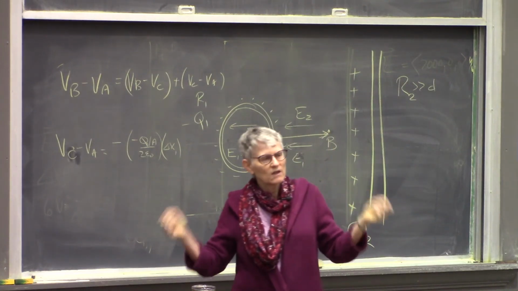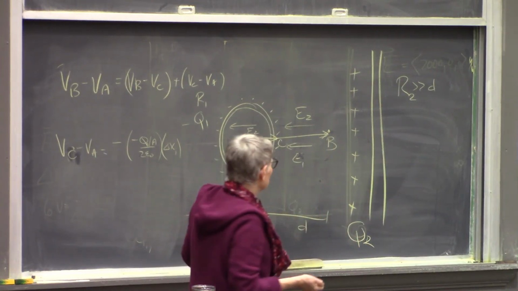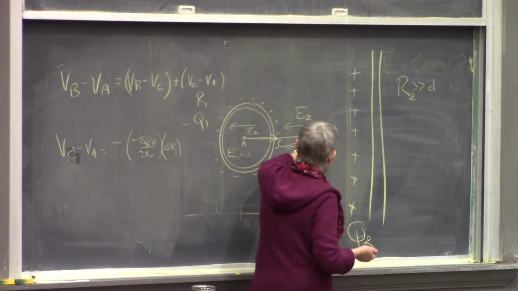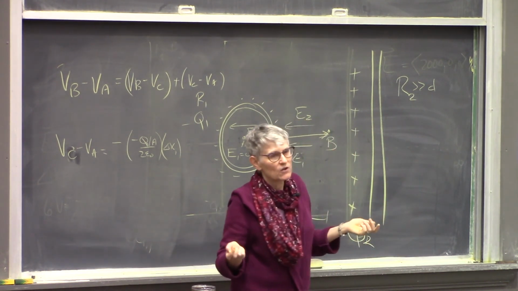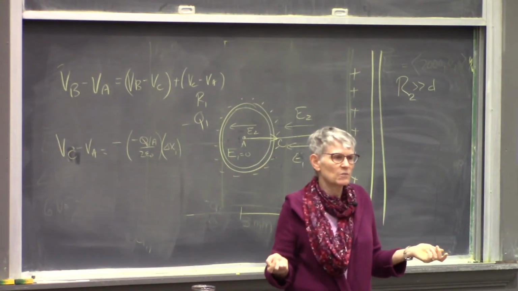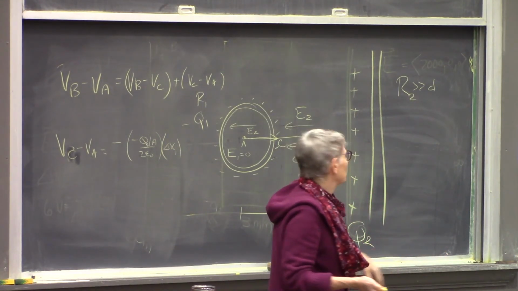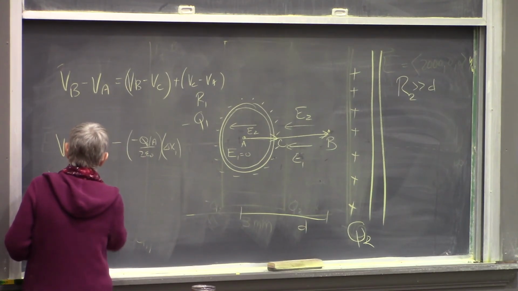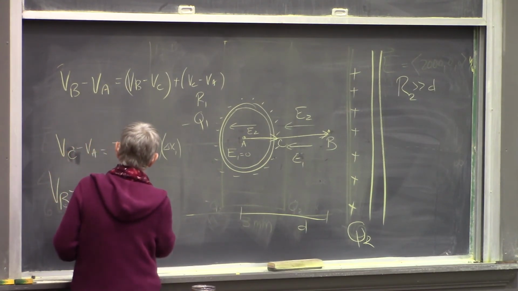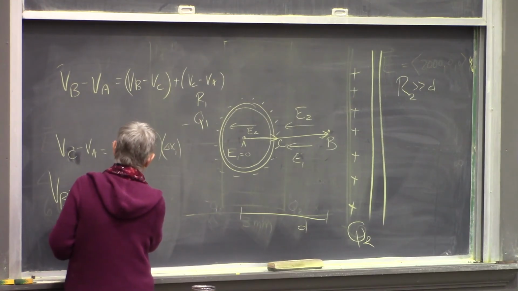So we can just calculate the potential difference with respect to the disk, and then it looks like a point charge, and we know the potential difference near a point charge, right? So we're going to get VB minus VC is some constant.